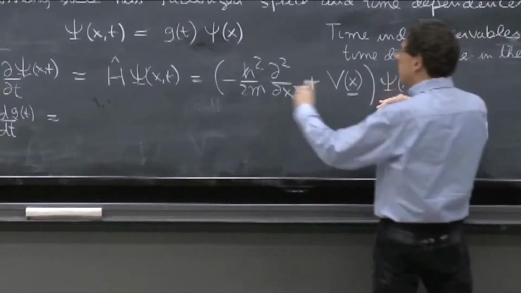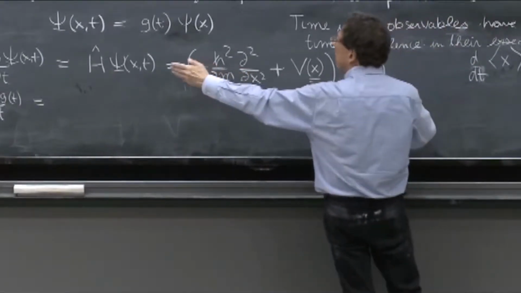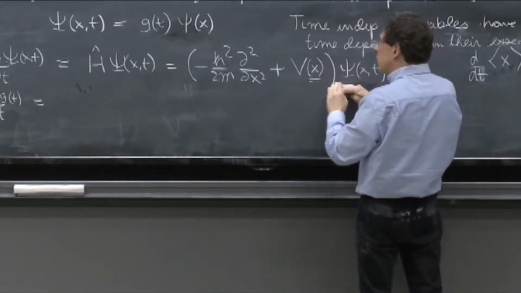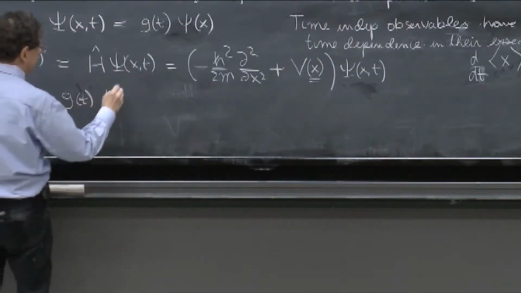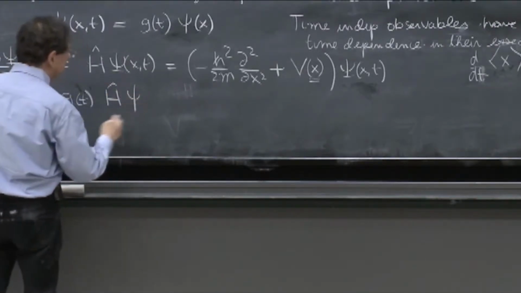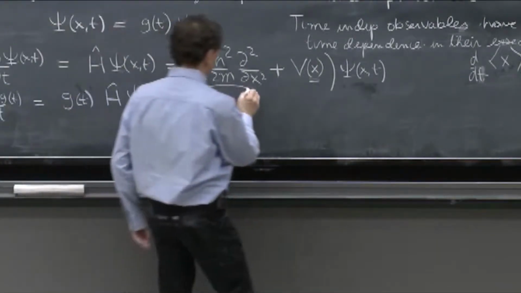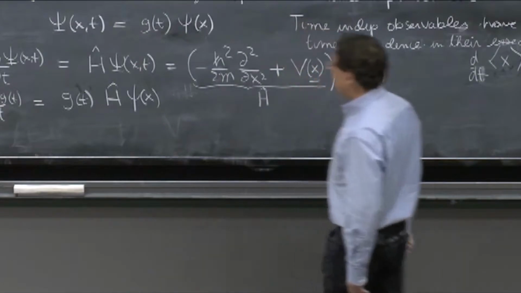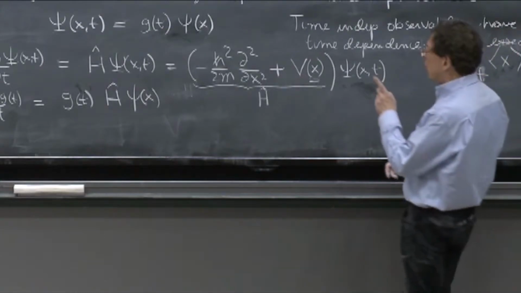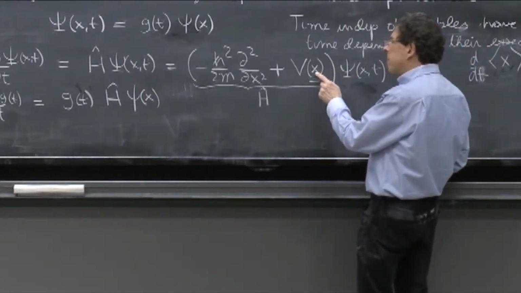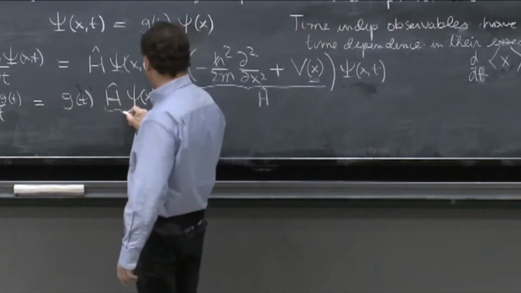Well, the function of time can be moved across the Hamiltonian operator. It doesn't do anything to it. So we'll have g of t times H hat on psi of x. And because we had no time dependence in the potential, our assumption, this whole thing is a function of x.